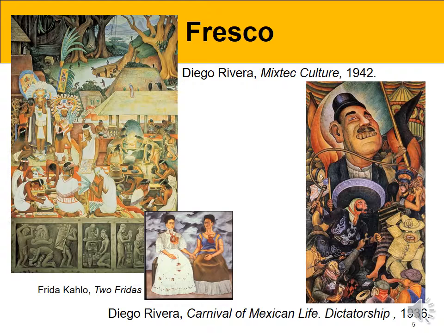Another example that has really vibrant, dark colors is Rivera's Carnival of Mexican Life, Dictatorship. If you ever make it to Falling Waters, pay attention to the artwork, or ask about the artwork on the wall. There is a Rivera in one of the bedrooms there.